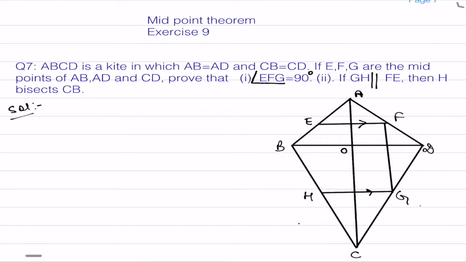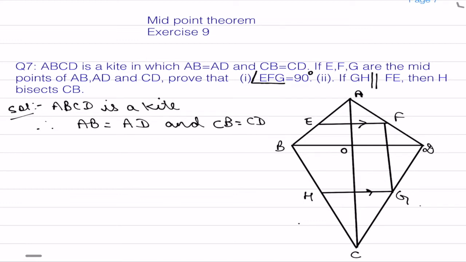First, children, this is a property of the kite. First, ABCD is a kite. It's given. Therefore, their adjacent sides AB is equal to AD and CB is equal to CD.